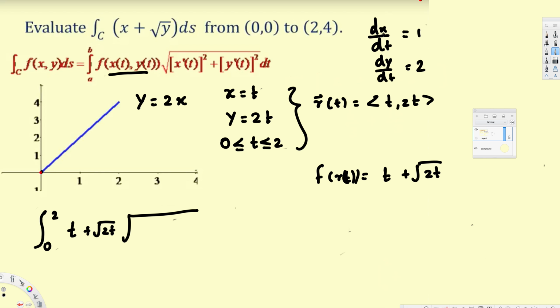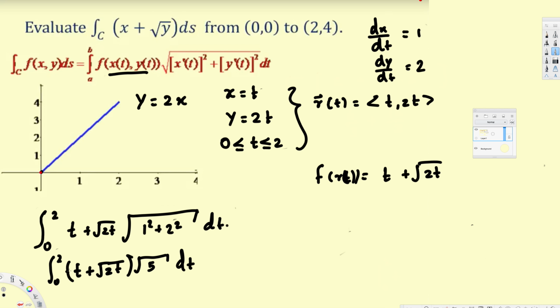We already found that one. x prime is 1, so 1 squared plus 2 squared, and we are going to integrate everything with respect to t. 1 squared plus 2 squared is going to be 5, so here we are going to have square root of 5, and here we have t plus square root of 2t, and this is a multiplication. We are going to integrate everything with respect to t, going from 0 to 2.